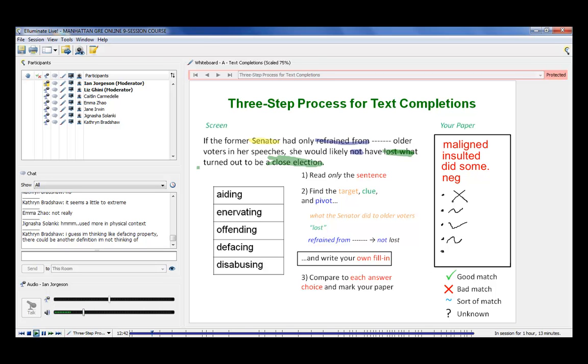Okay, how about disabusing? Okay, Catherine's saying maybe. Anybody else? Any other thoughts about disabusing? Ignacia is saying no. Why not? What does disabusing mean?